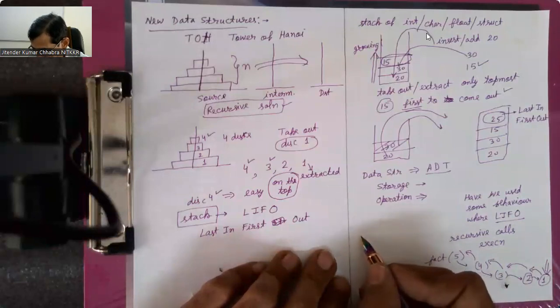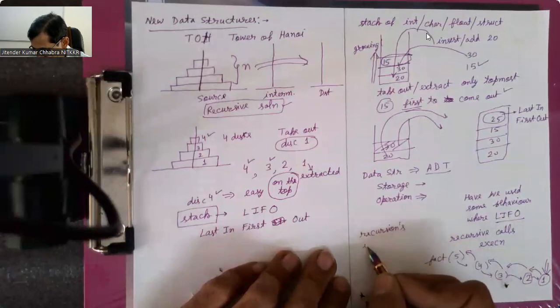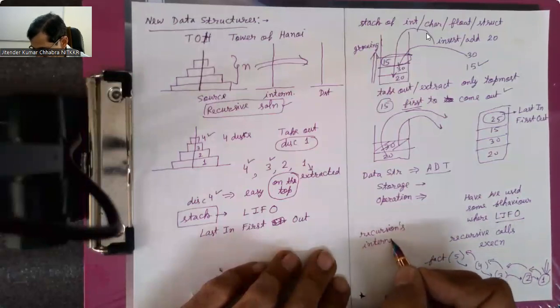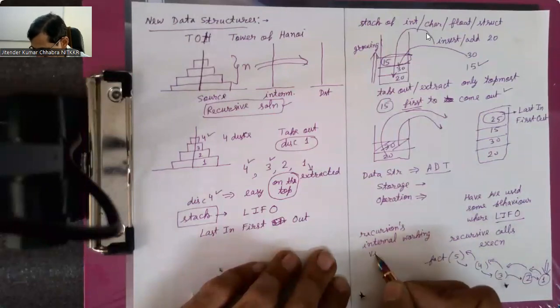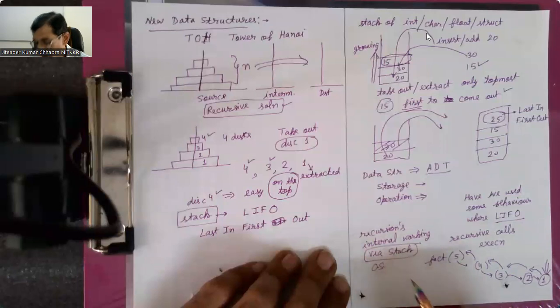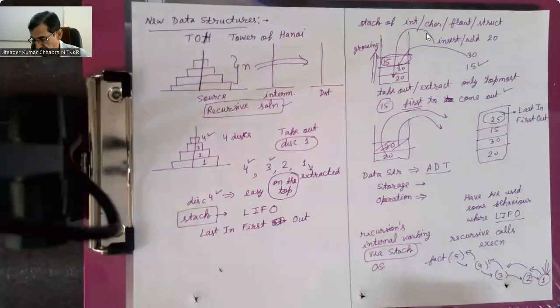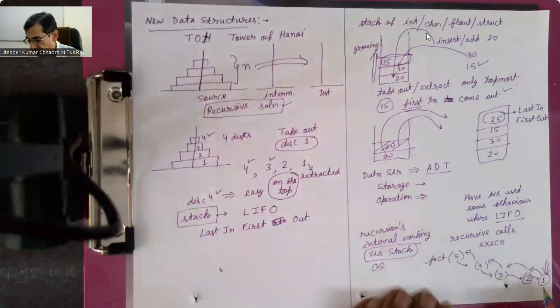So effectively, recursion's internal working gets implemented via a stack. Your operating system, your computer, internally uses a stack to implement recursion in this manner, because recursion guaranteedly requires the last in, that is the last executable function, to start and complete first, and the reverse order will happen.